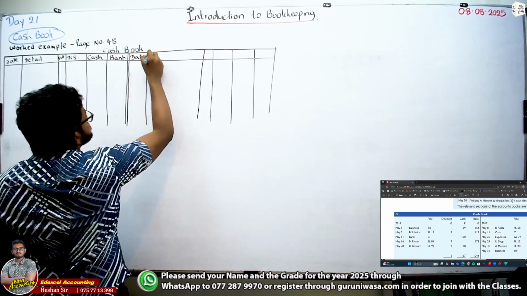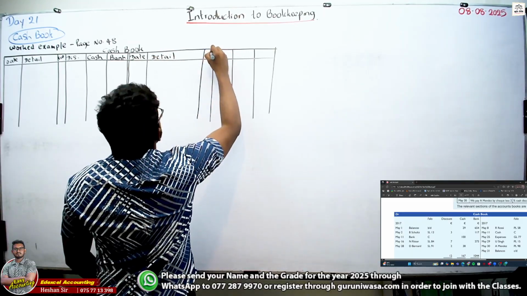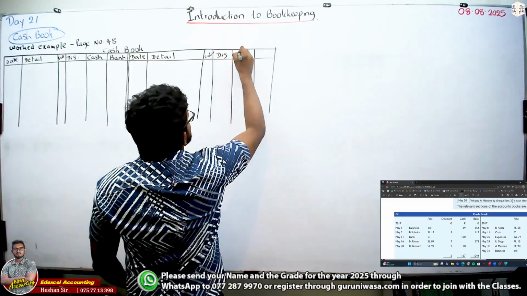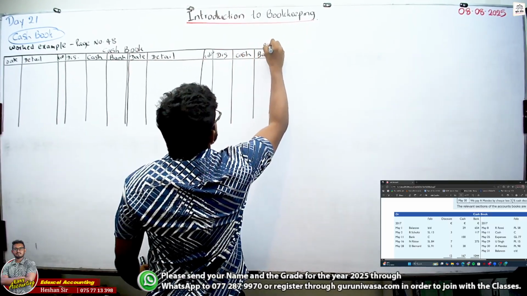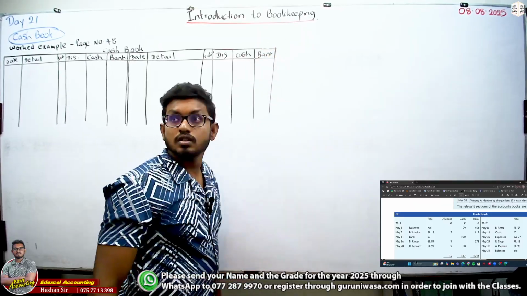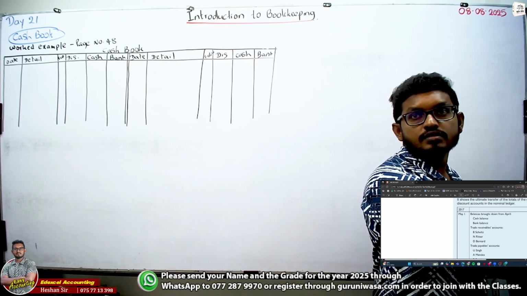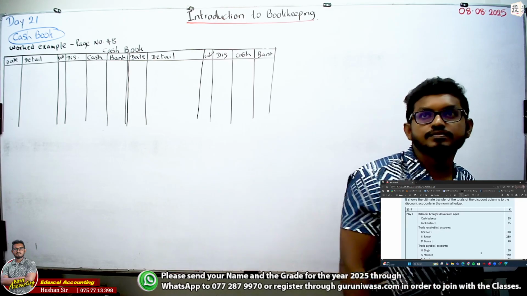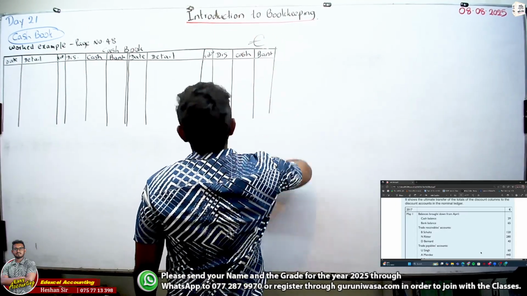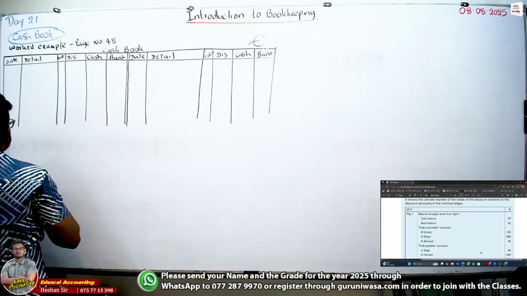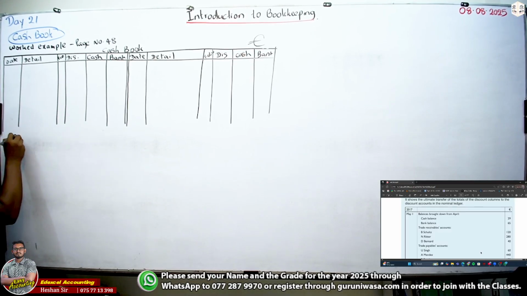Date, detail, folio, discount, cash, and the currency, pounds, GBP, right?